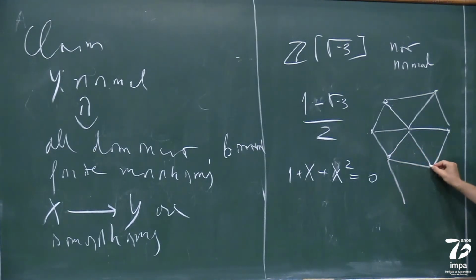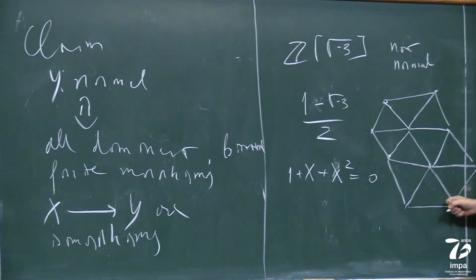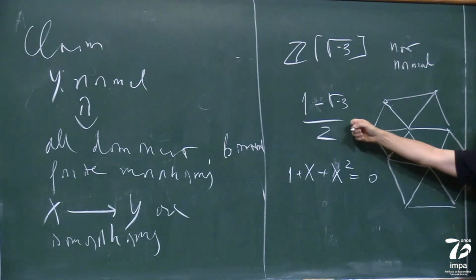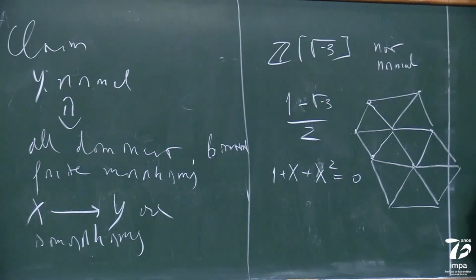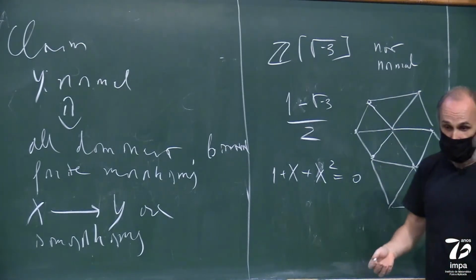The vertices of this tiling are precisely the elements in this ring. And then you can use the standard arguments, which were in this handout, to show that this ring is actually Euclidean. It has division with remainder.